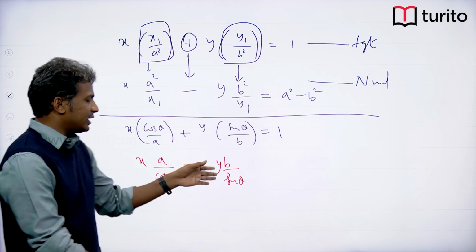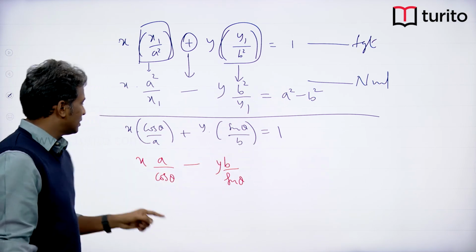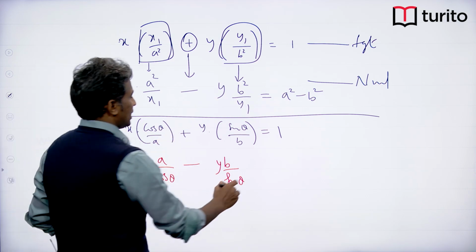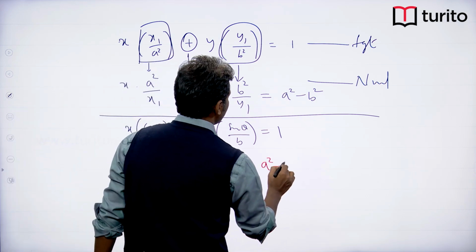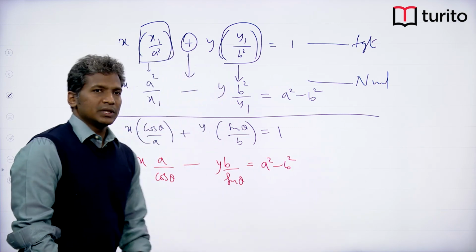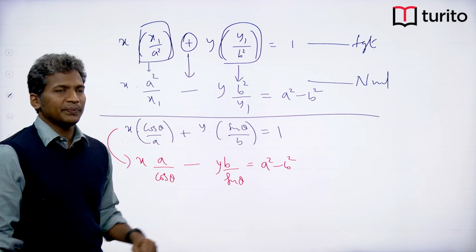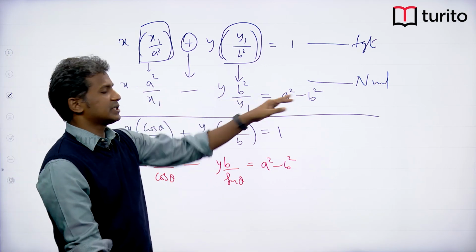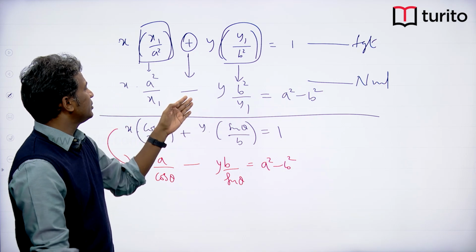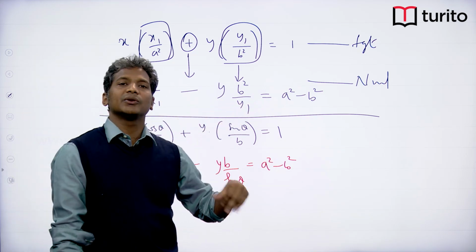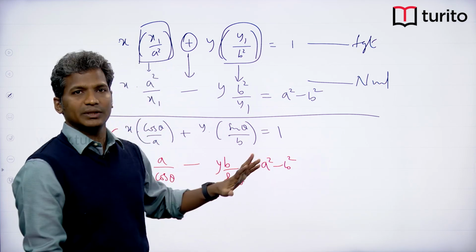Now, to get the RHS, put x as a cos theta, y as b sin theta, that will give us a square minus b square. Okay. So, from this equation you can just flip it and get the normal, or if you know this equation, by substituting x1 as a cos theta, y1 as b sin theta, you can also get the equation of the normal. Okay.